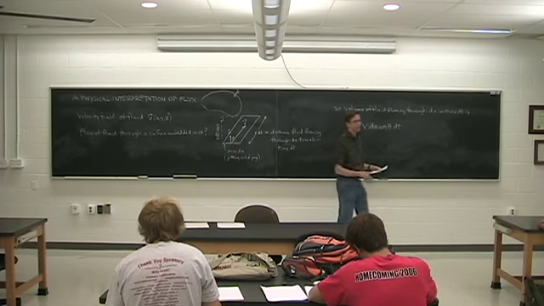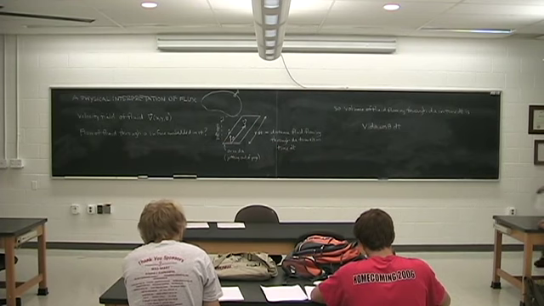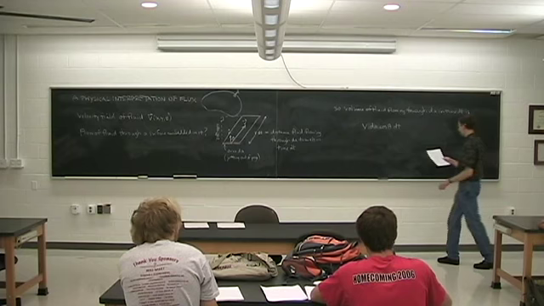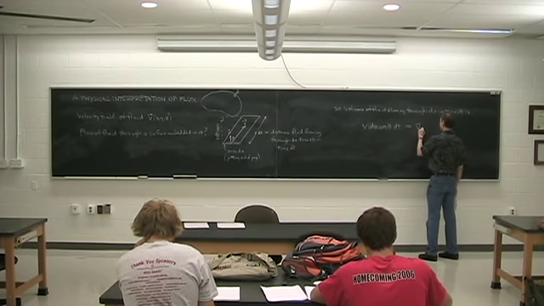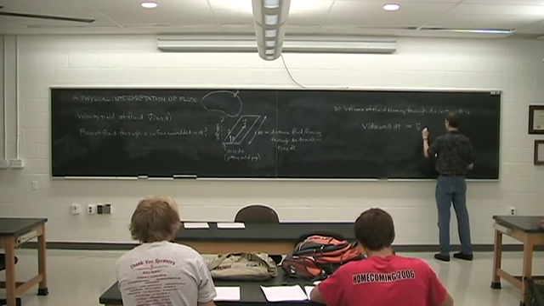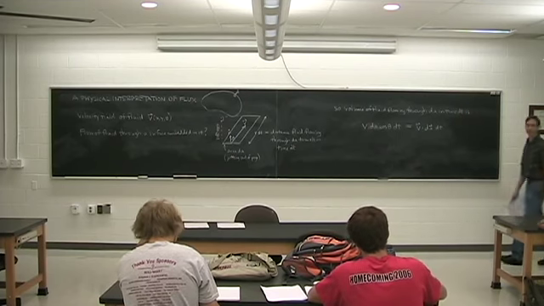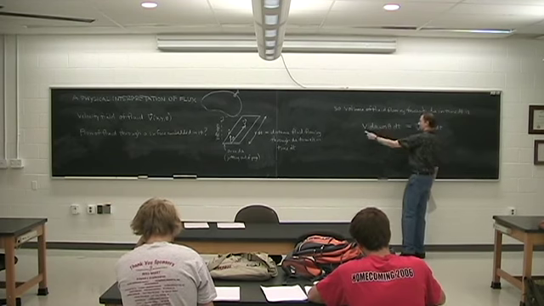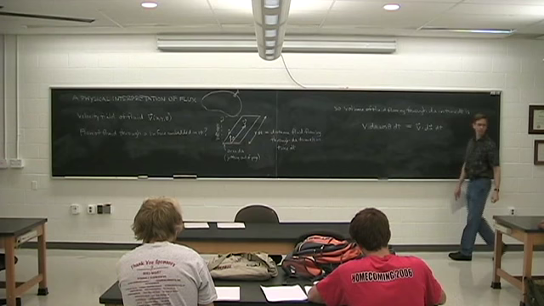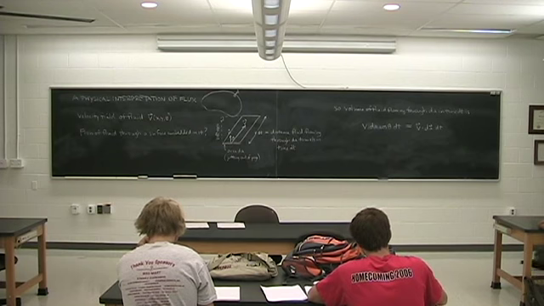Base times altitude is the volume of a parallelepiped. But v dA cosine theta is, in fact, v dot dA, because v dot dA is v times dA times the cosine of the angle between them, and dA as a vector is n hat times little dA.